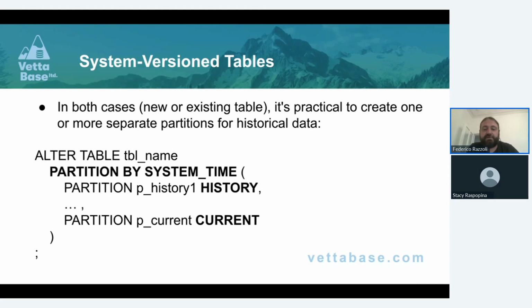Otherwise the table will be big, the indexes will be big, and the queries will be slower. One partition could be enough, but you can have more than one historical partition. Here I show you the syntax. There is this special syntax, partition by system time.